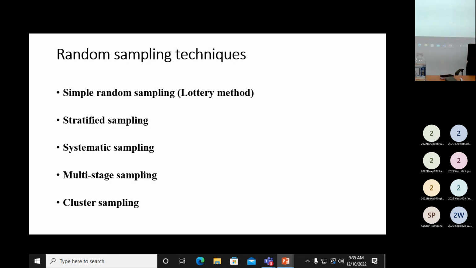Now suppose your employee numbers are from 1 to 100. Then you assign 1 to 10 to part 1, 11 to 20 to part 2, 21 to 30, and the last one 91 to 100. Then 31 to 40, 41 to 50, like that you can assign parts. For 20 parts, you can assign 1 to 5, 6 to 10, and so on.